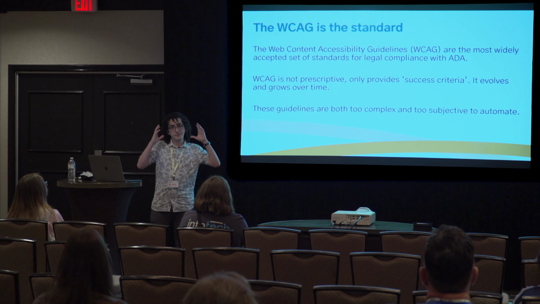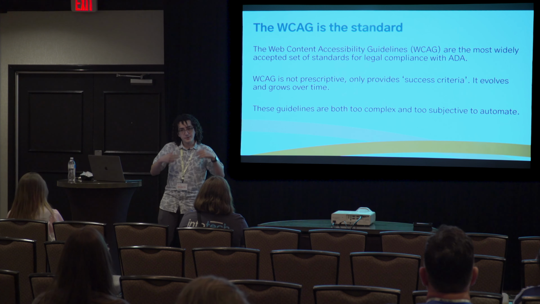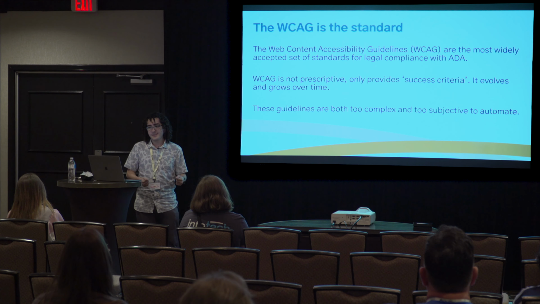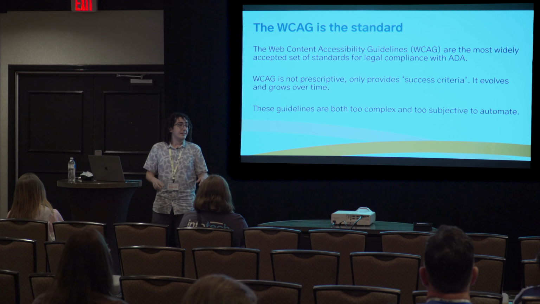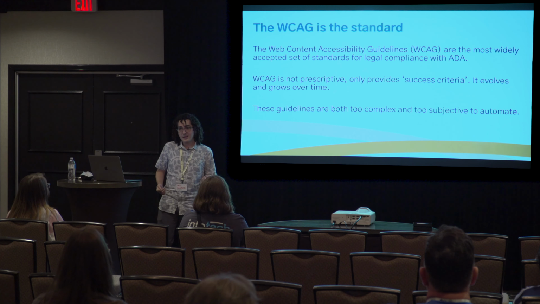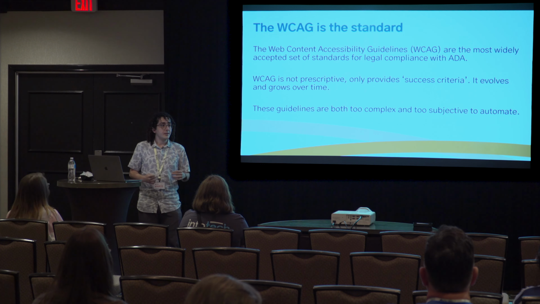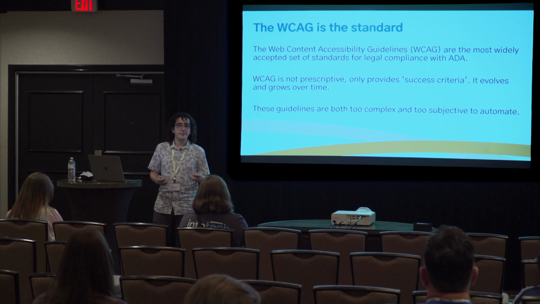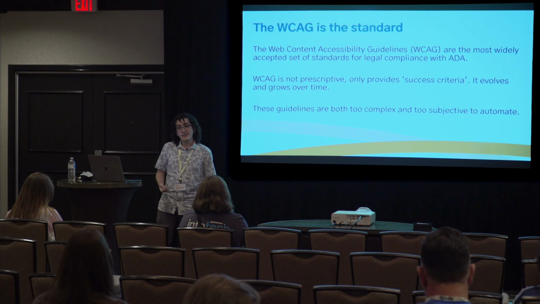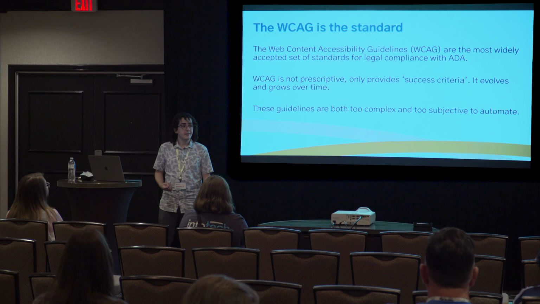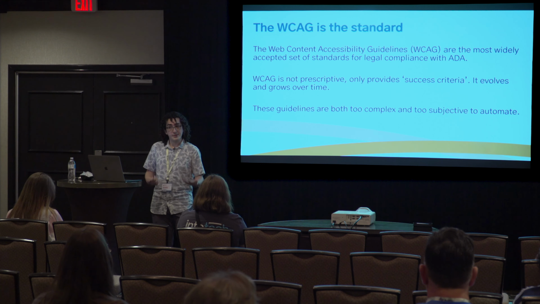It's broken down into 4 main principles, and those are broken down into 13 guidelines. And then those guidelines are defined in 73 success criteria. And those criteria are not prescriptive. They don't give you a specific way of solving them, right? It's very subjective, and it really comes down to the experience that a user will have when using your product.